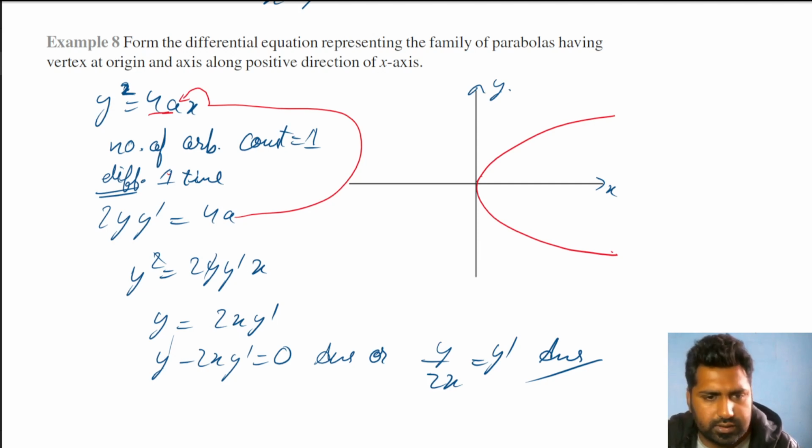Parabola, ellipse, this is done. Okay. Where is it? Differential equations.